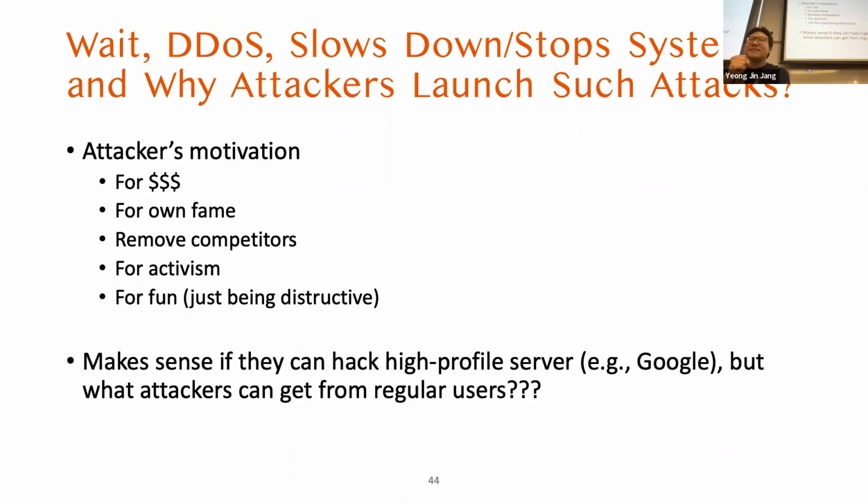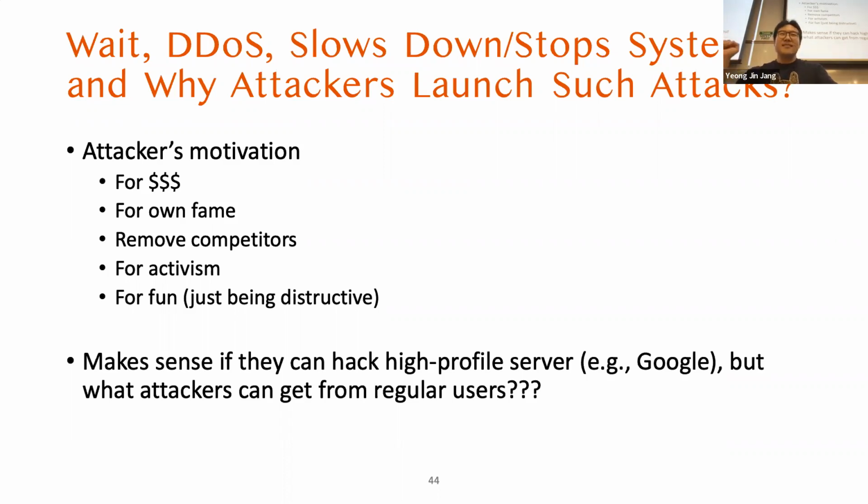So what I mean is that there was no advantage for attackers to attack regular machines. For example, if they attack Google's server and steal secret information, that's super valuable, and they can sell it to a competing company at a high price.